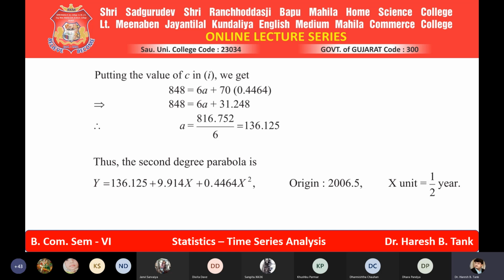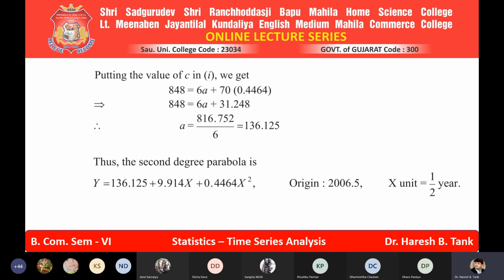Whenever you write a trend line, your origin should be reflected. In this case, your origin means the deviation from which you have taken the value, and that deviation was taken from 2006.5, and since 0.5 is there, your x unit is half year, right? This becomes the second degree parabola of the given data set.